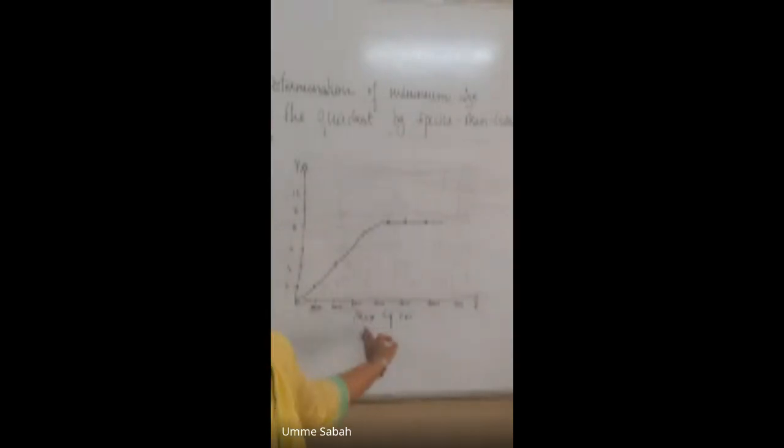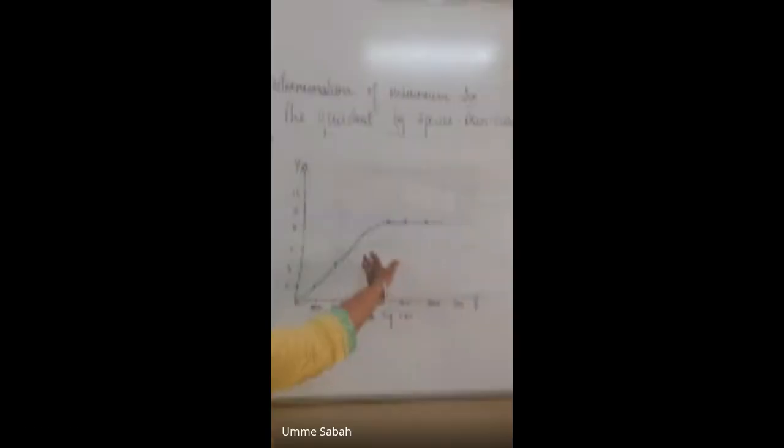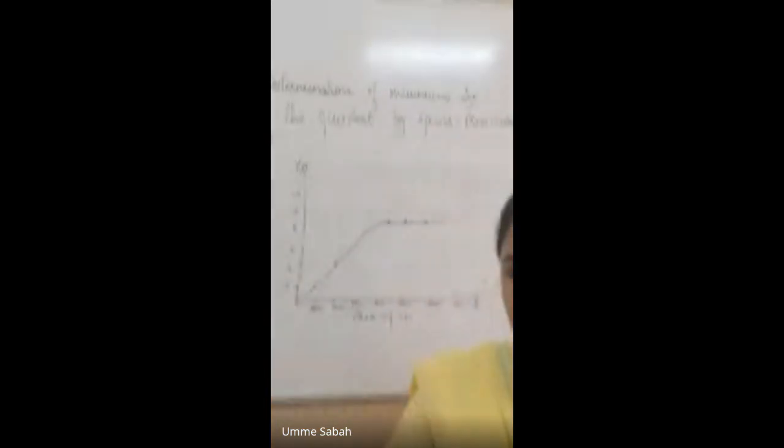Looking at the graph, tell me in which particular area you got the maximum number of species. 40 into 40, ma'am. From 40 by 40 you have got the maximum. After 40, it was constant. So at 40 into 40 centimeter square, you found the maximum number of organisms.